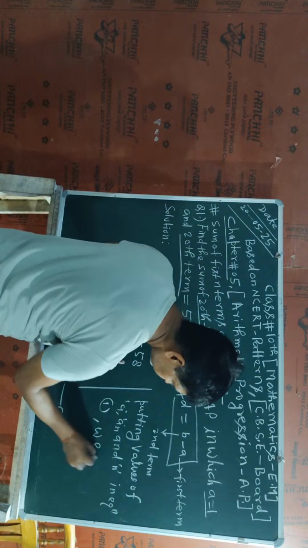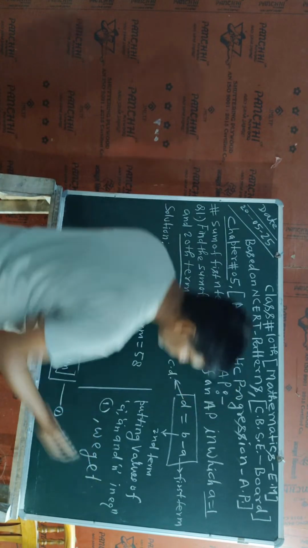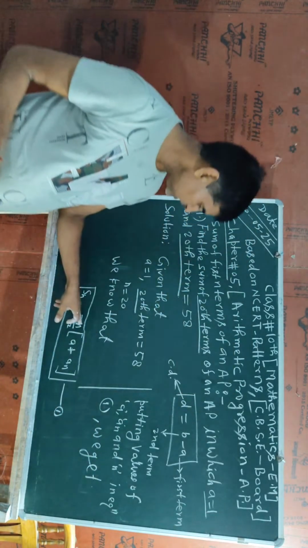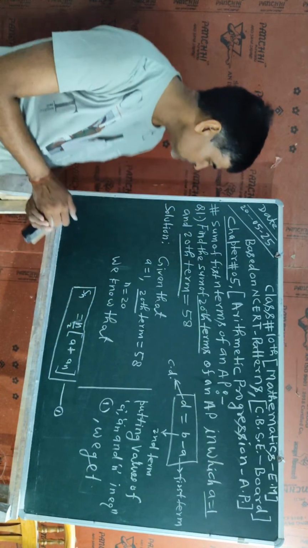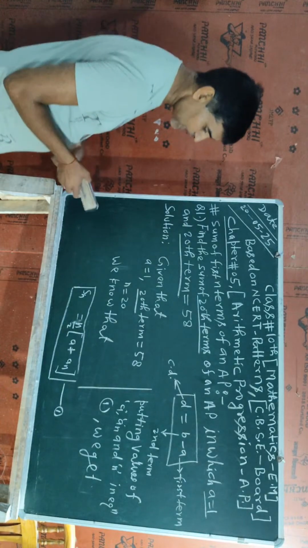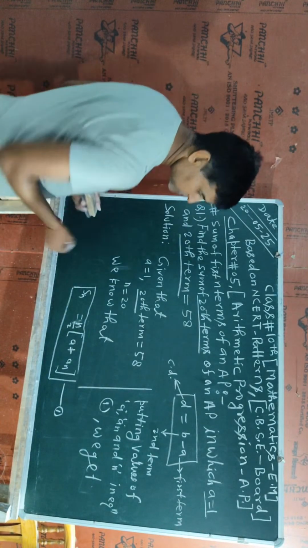So here I will substitute the value of a and an also, and after substituting we will get its value. So further I am going to substitute here.